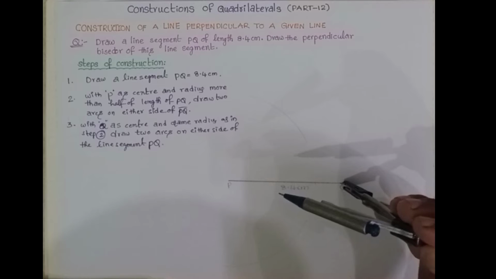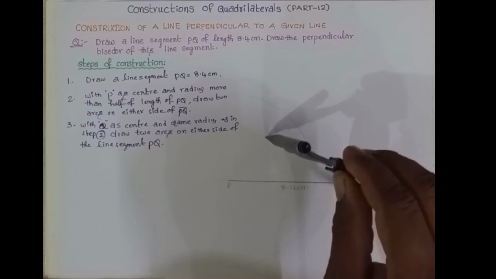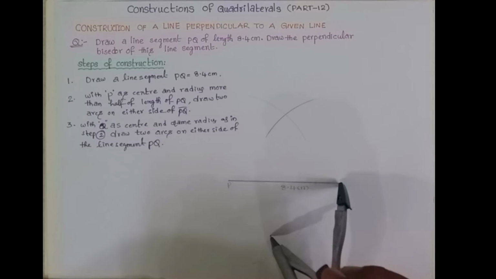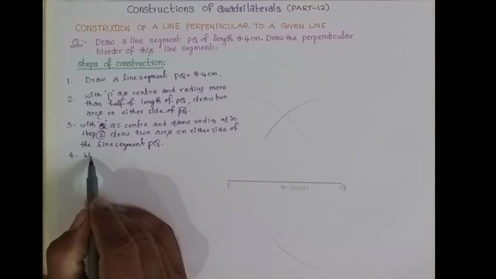Taking Q as center and the same radius as before in step 2, draw two arcs on either side of the line segment PQ.